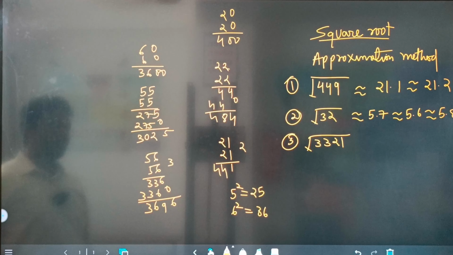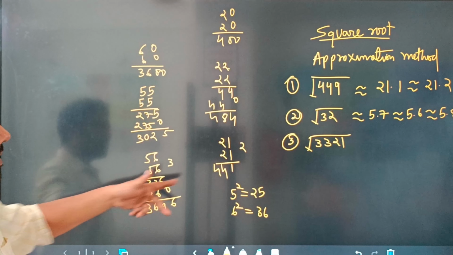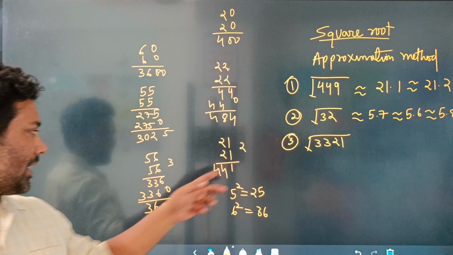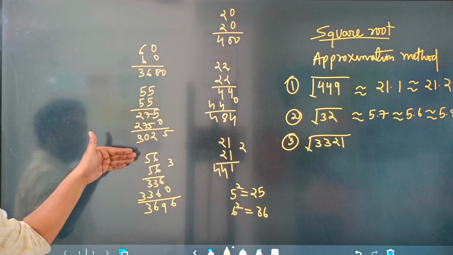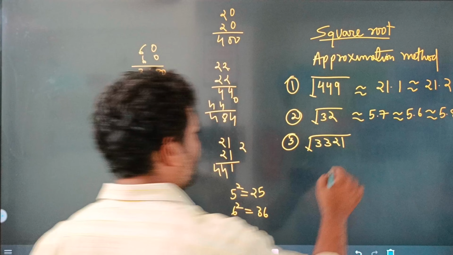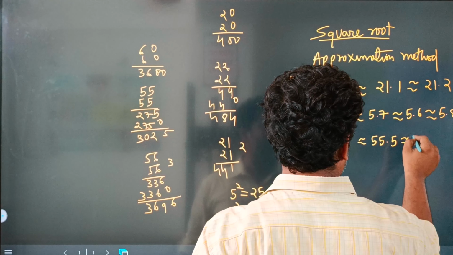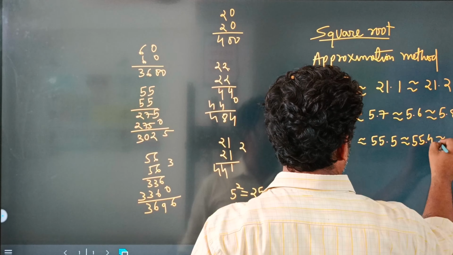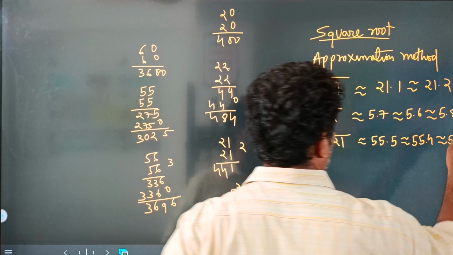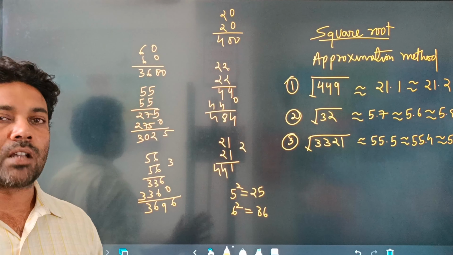I'll need a smaller number, but 55 and 56, 3025 and 3696, it's somewhere between, right? And I may say it's greater than 55 and lesser than 56. So you may take again here 55.5, or even if you take 55.4, or 55.6 or 55.7, right, it's going to give you a very close answer.